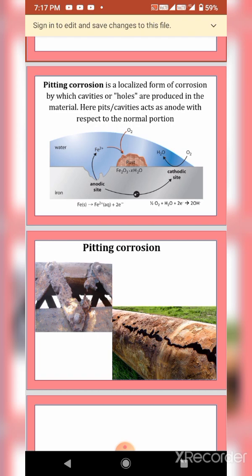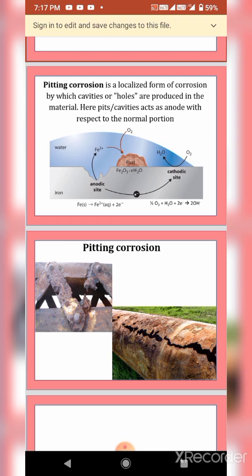Fe goes to Fe2+ (aqueous) plus 2 electrons, and the unscratched or the rest of the surface will act as a cathode, it means more oxygenated. So we will have the equation H2O plus half O2 plus 2 electrons goes to 2OH minus.